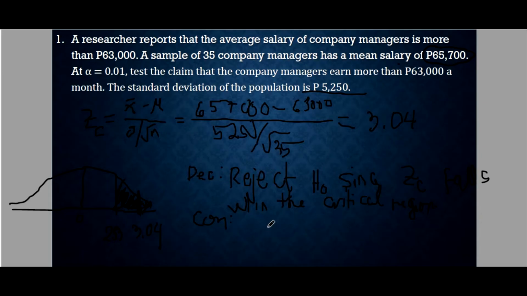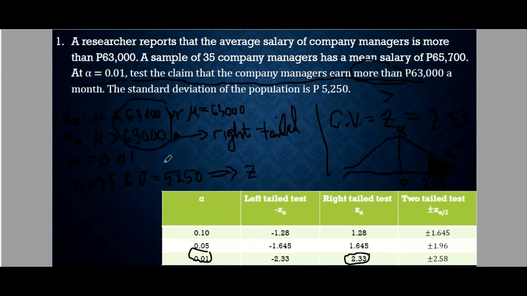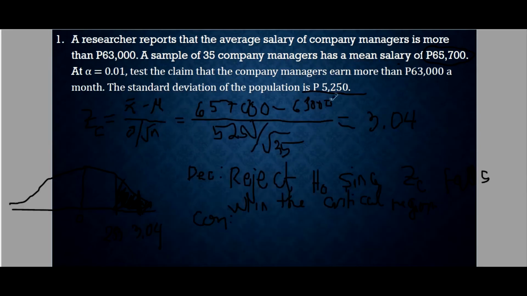So conclusion: since we reject H0, we reject this one. So our conclusion will be H sub A, right? Because if this is false, then this is true. So therefore, we may conclude that the company managers earn more than 63,000 a month. Okay, you may write it here.